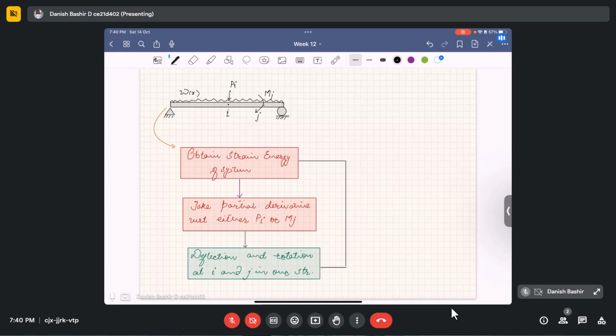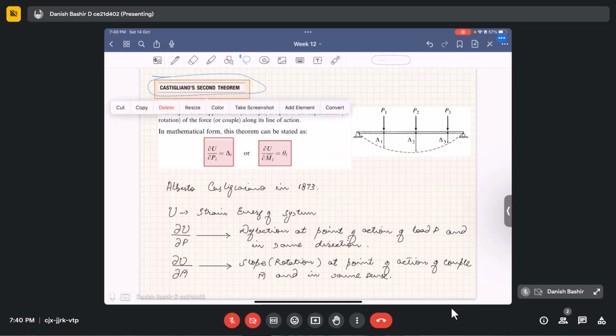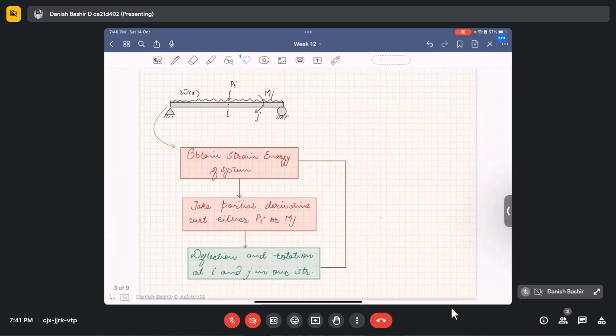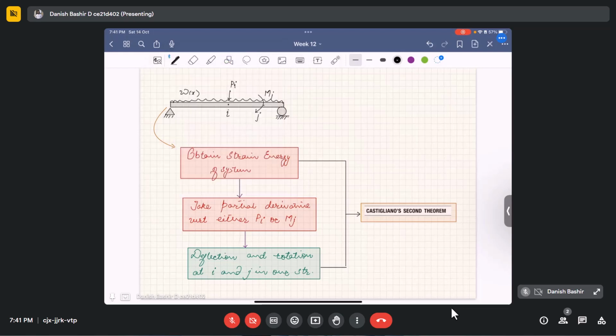This is actually Castigliano's second theorem. This is our structure under consideration.